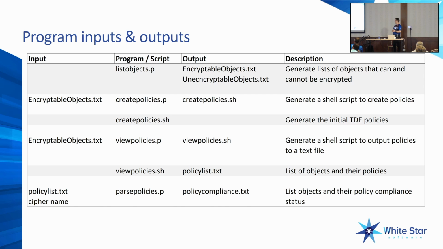I'll just note that there are a couple of canned reports in the data dictionary for TDE. I consider them basically useless. Sorry, that's harsh, but it's true. One of them is a detailed list that gives you current and previous policies for each object, and the other just gives you current policies. They both only tell you about objects that you've encrypted at the object level.